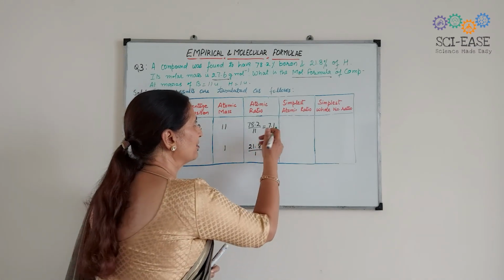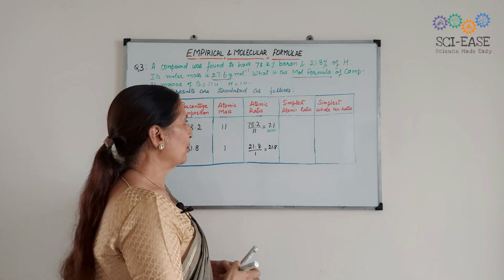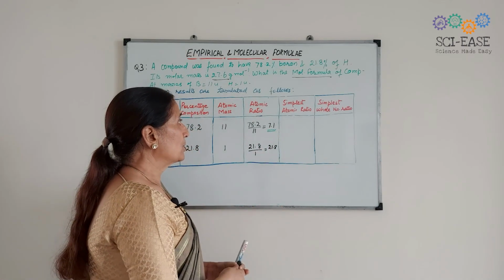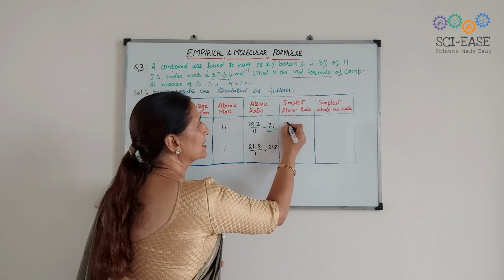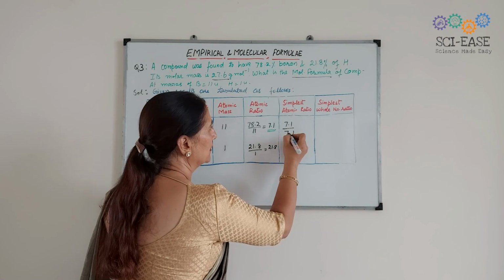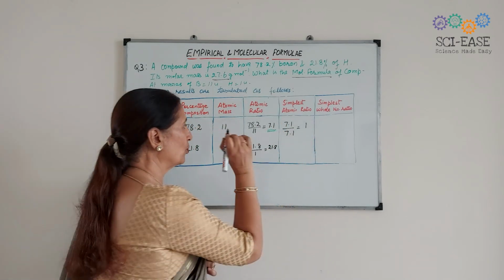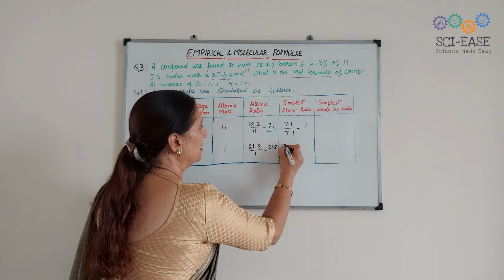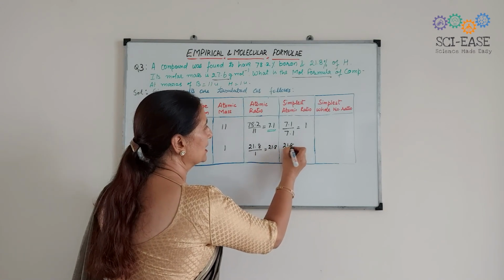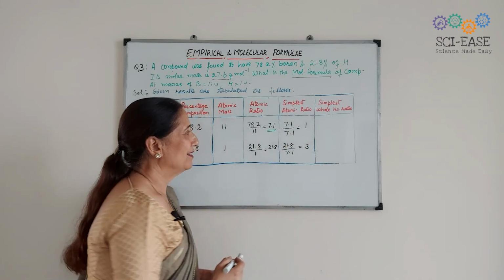First we have to identify which one is lower one. So this is the lower one, 7.1. So we will divide 7.1 by 7.1. So it will be 1. Simplest atomic ratio of boron is 1. Then 21.8 divided by 7.1, it's approximately 3.